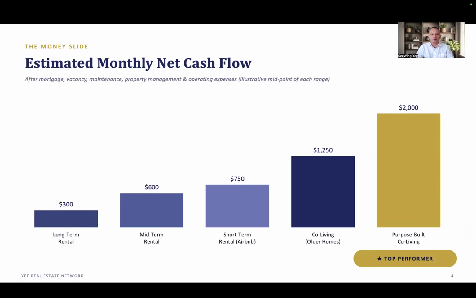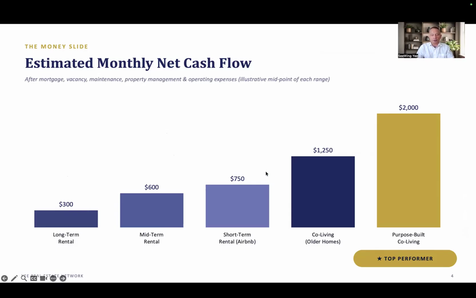Mid-term rentals are for traveling healthcare professionals and relocating families who need a temporary place to stay. A landlord and host are typically able to get about 50% more net cash flow compared to a traditional long-term rental.